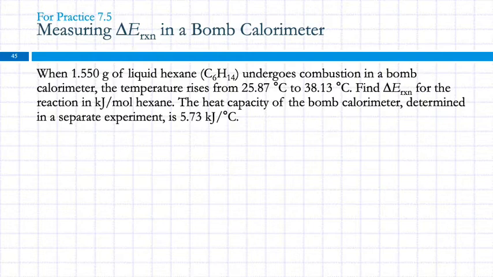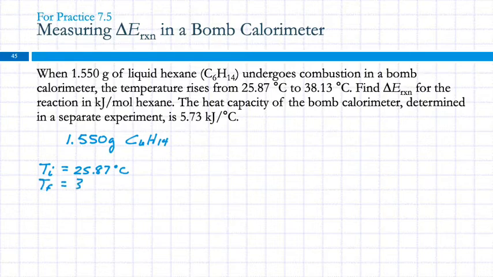Okay, so we've got 1.550 grams of liquid hexane. That might be important. That's C6H14. Temperature rises from, so initial temperature is 25.87. Final temperature is 38.13. Do you think we're going to need the change in temperature? Probably.